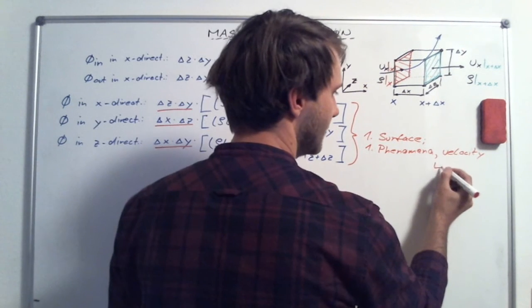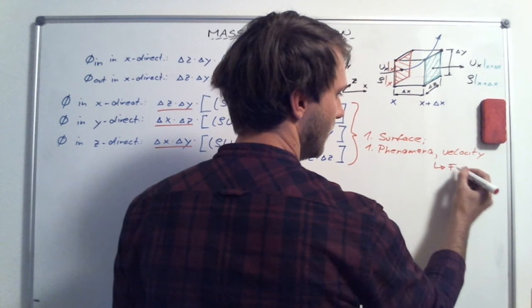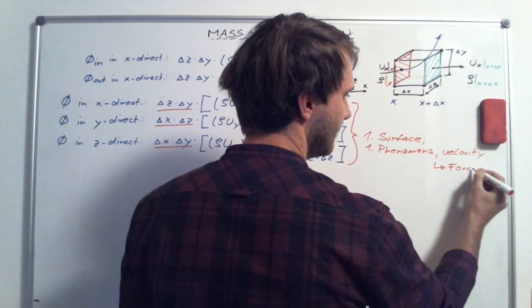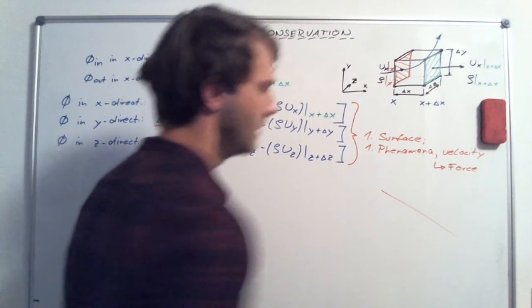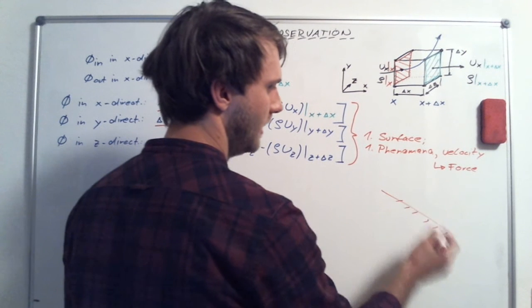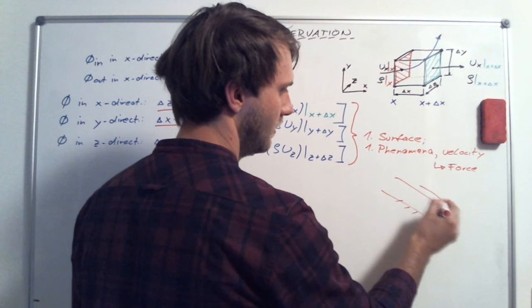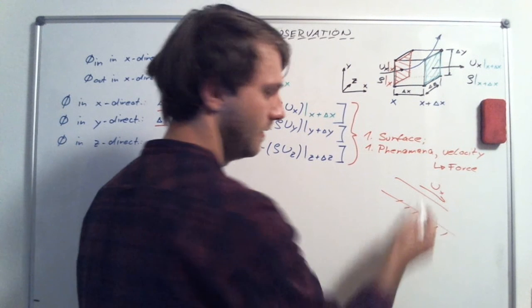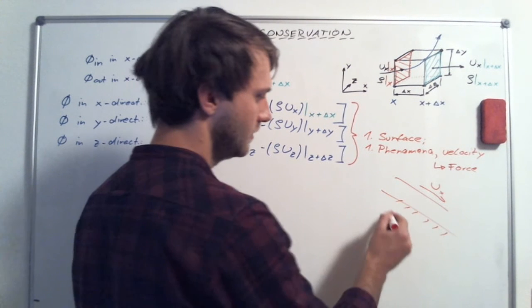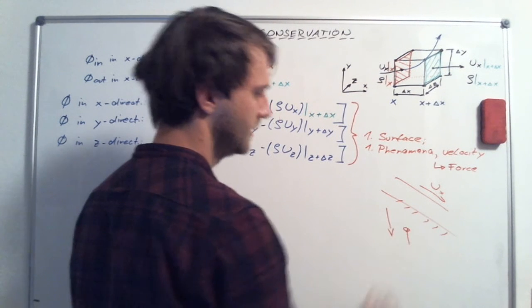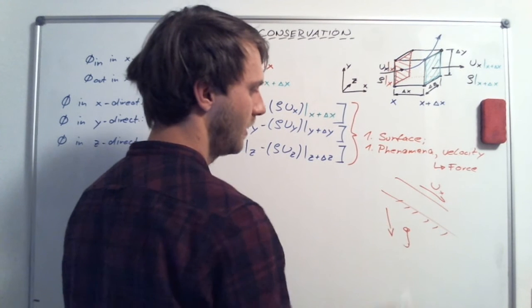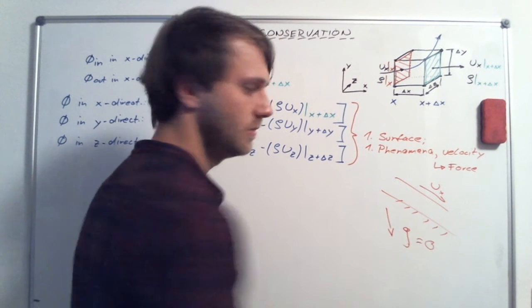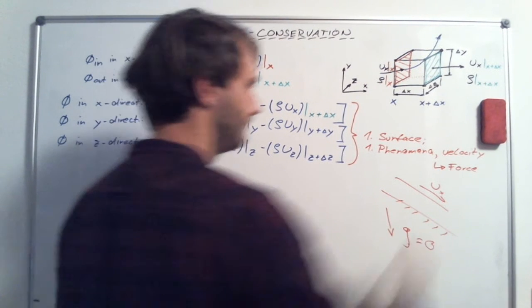But the velocity is finally due to some force. So just remember the bed and the flow which is going down. This flow is only going down due to the gravitational force g. If this would be zero, the water would not go downstream.